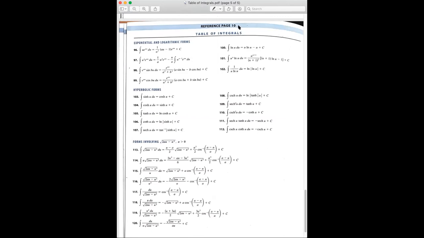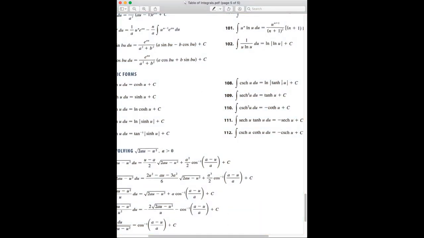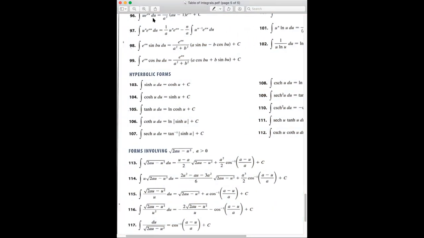So we need e to the some constant times x, and also we need the cosine of pi x. This is the one I'm going to use. Let me make this a little bit bigger. Yeah, so this is the one I'm going to do. All right, number 99.